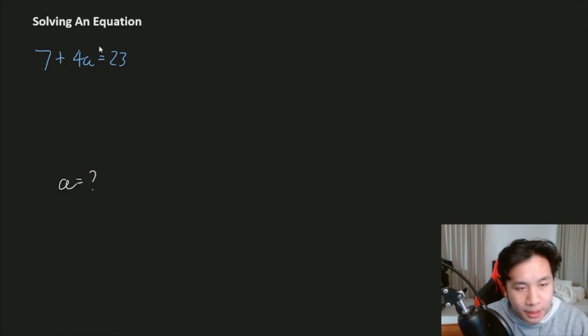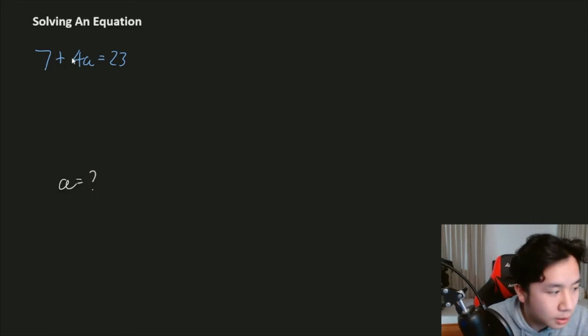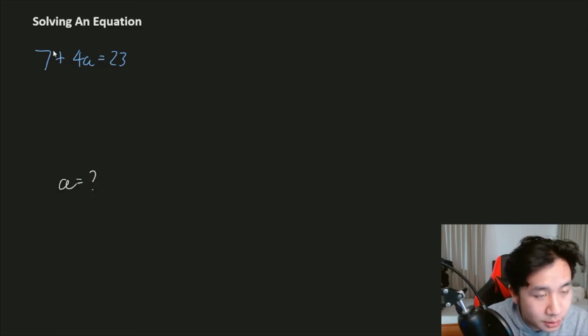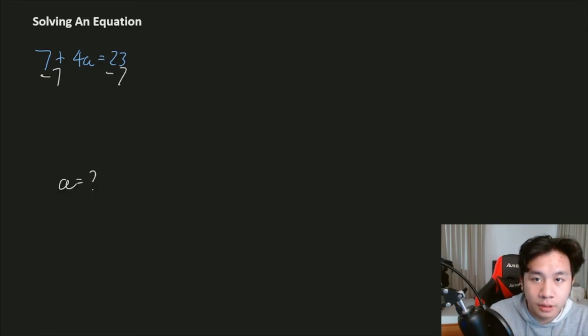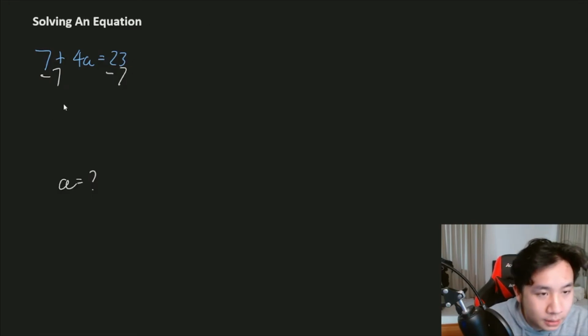You just want a by itself. So to make a by itself, I need to get rid of this 7 and this 4. Let's get rid of the 7 first. You want to minus 7 both sides, right? And so when you minus 7 both sides, 7 minus 7 cancels out. You're left with 4a. And 23 minus 7 is just 16, right?